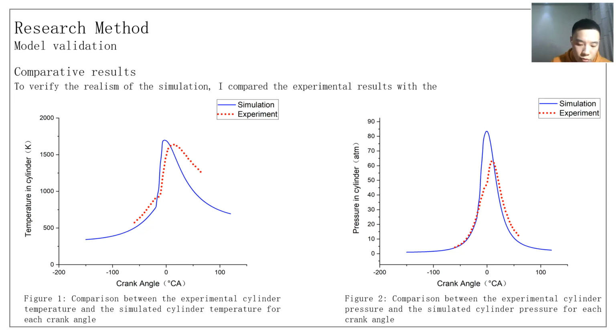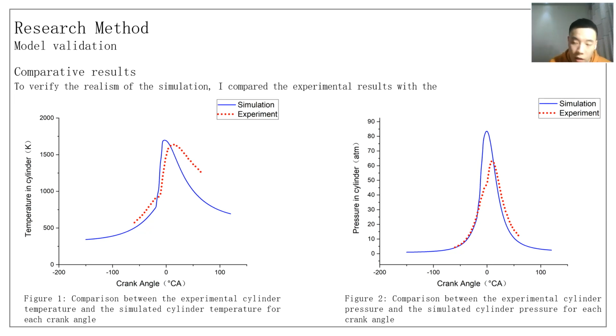The trend of the simulation is basically the same as the experiment at the corresponding crank angle. It shows that the actual combustion process in the cylinder is similar to the simulated combustion process. The maximum pressure is quite different from that in the original experiment.